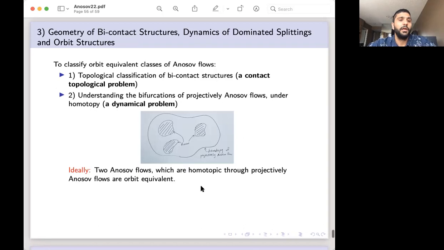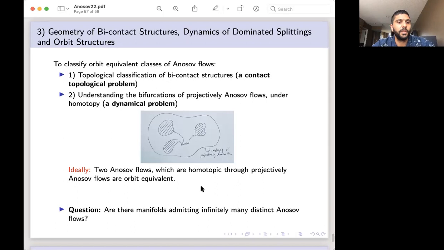Ideally, it would be amazing to show that if two Anosov flows are homotopic through projectively Anosov flows, those two are actually orbit equivalent. In other words, there's a unique orbit equivalence class of Anosov flows inside the homotopy class of projectively Anosov flows. Again, notice that these homotopy classes ideally can be understood through contact topology without much use of dynamical systems.